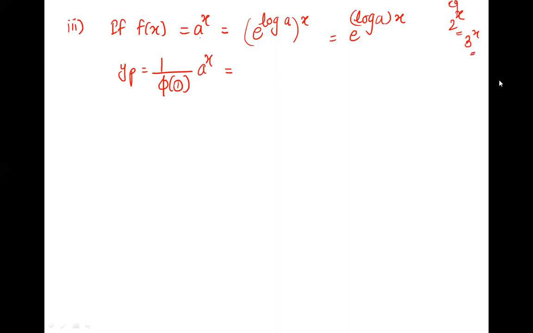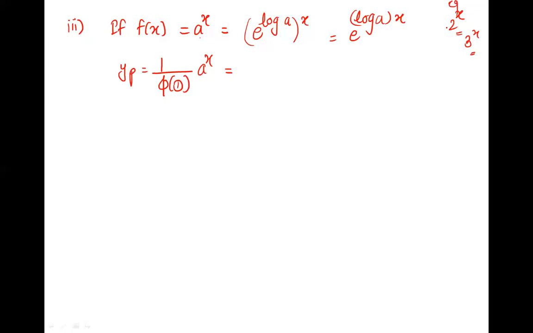So to convert such functions into E, for that A raised to X, we are writing E raised to log A X. This is the formula: A raised to X can be written as this. So what is the substitution here?